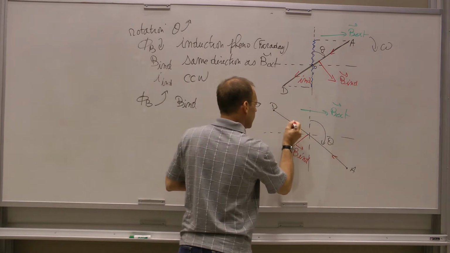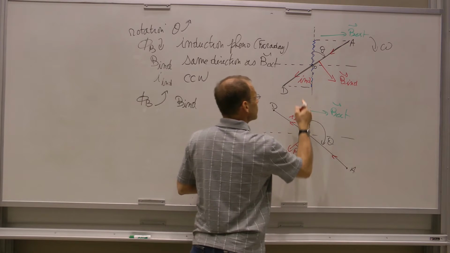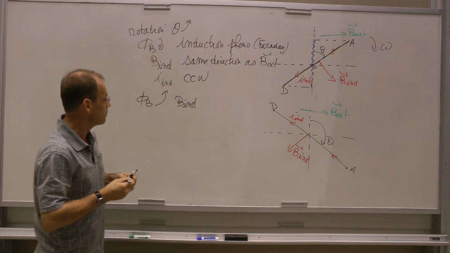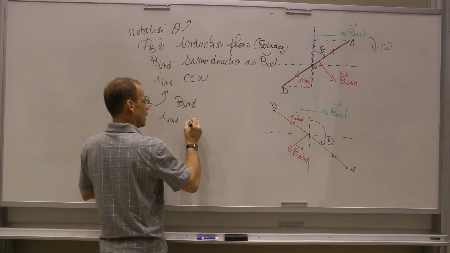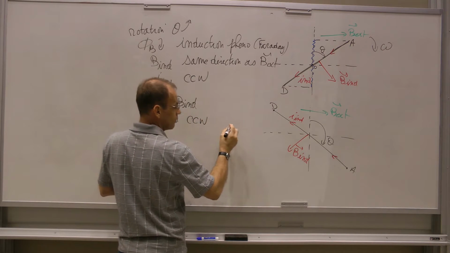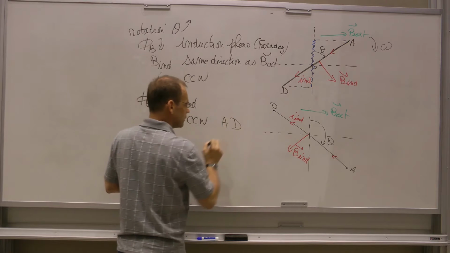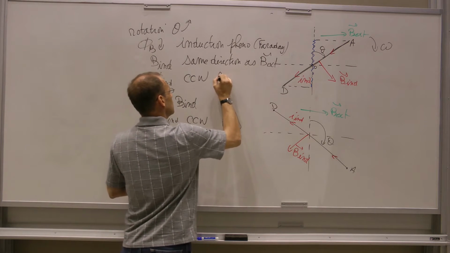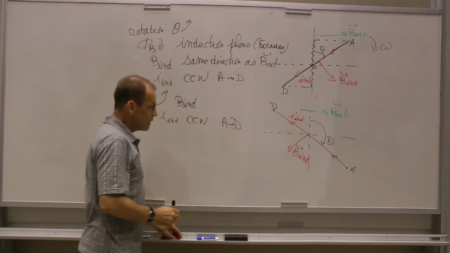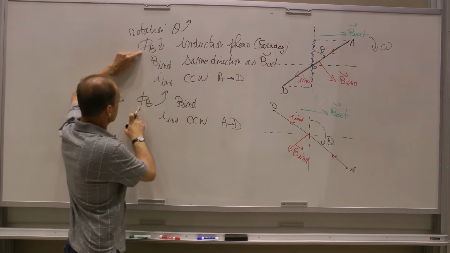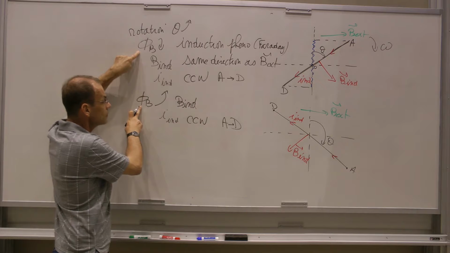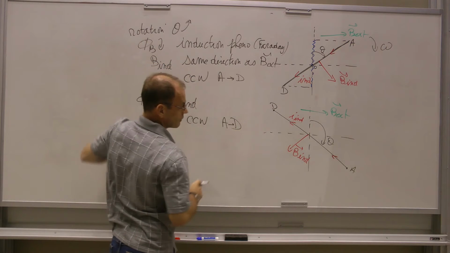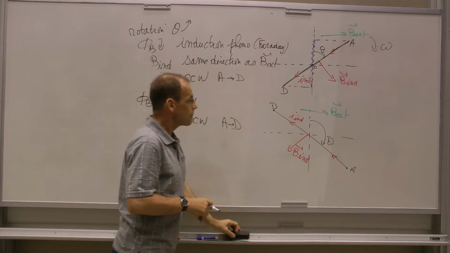So we have, again, an induced current which has not changed compared to the top part. I still have an I induced going counterclockwise in the loop, or more easily identified, from A to D. So despite the change in the magnetic flux, we still have the same direction of the induced current.